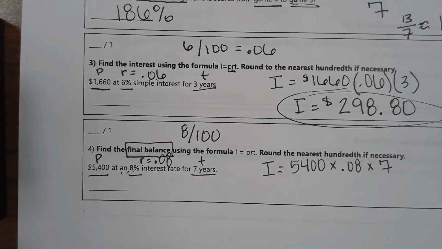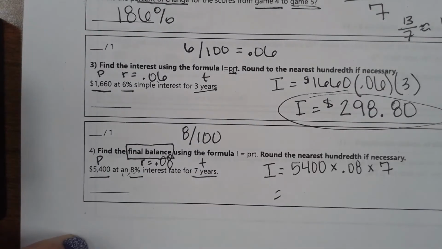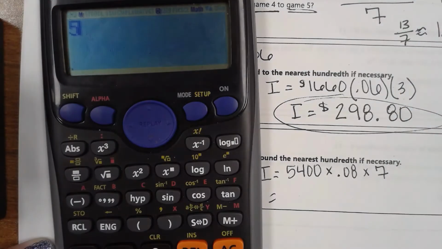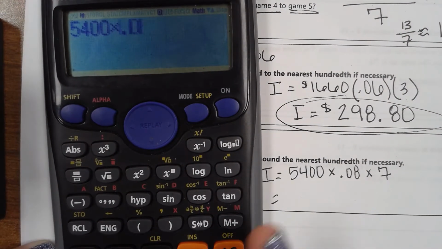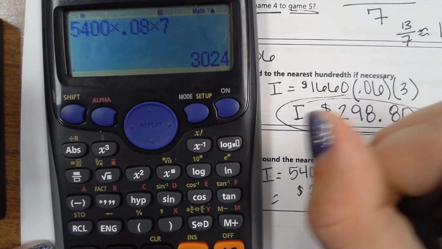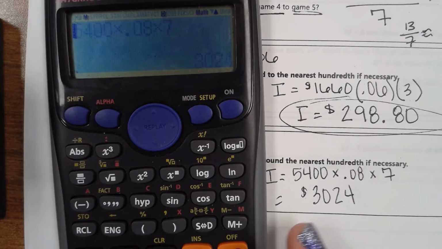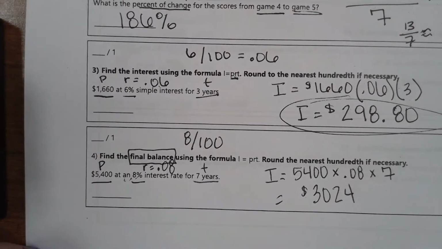So once again, to find the interest, all that we have to do is multiply all of these numbers together. So if I were to take 5,400 times 0.08 times 7, I get $3,024. However, this is not what they are asking.